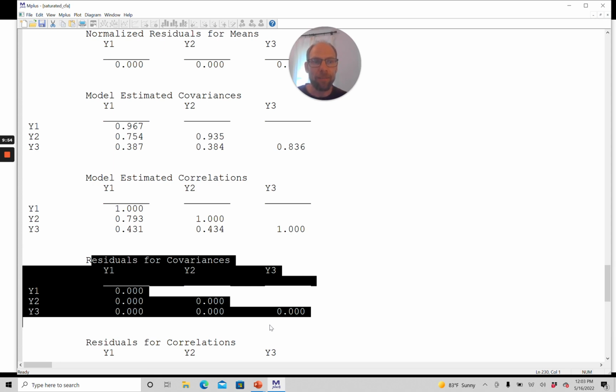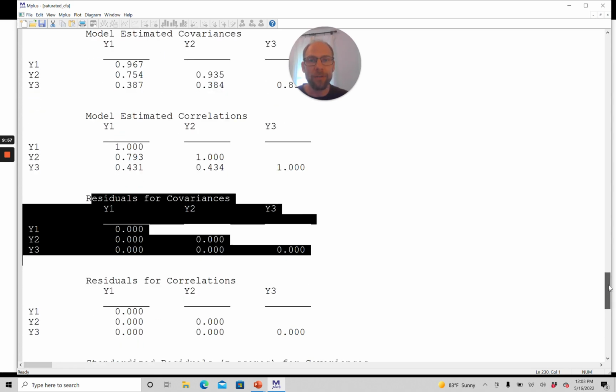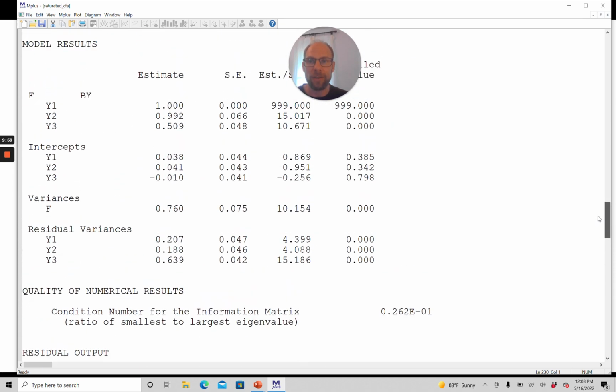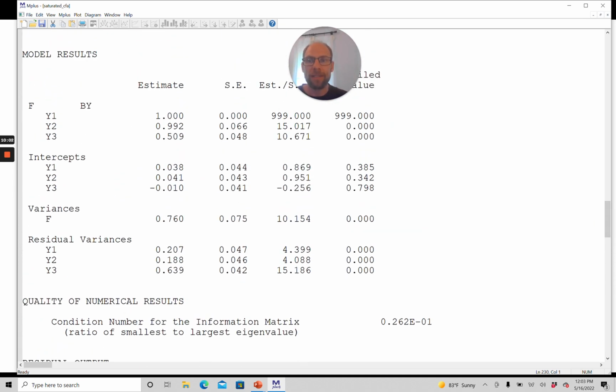It's not necessarily a problem, because if your only interest is in the parameter estimates, for example, if you only care about estimating the factor loadings, perhaps the standardized factor loadings, looking at the reliabilities of the indicators in terms of the squared standardized factor loadings, looking at residual variances and so on, then you may not care that this is a saturated model, because you might find the information useful enough, or you might find that this is all you want. You want to just simply determine how reliable those variables are as measures of your factor.